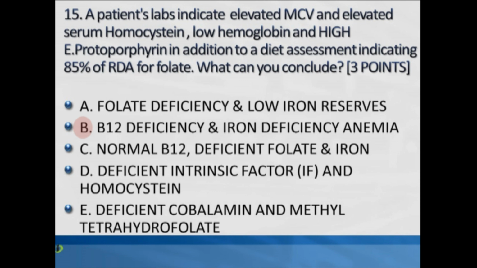Now, the evidence we have is also that with low hemoglobin and an elevated erythrocyte protoporphyrin, we have the likelihood of iron deficiency anemia. Now, we have MCV, which normally would be small or reduced in iron deficiency anemia, but we have to realize that we are likely dealing with B12 deficiency leading to a megaloblastosis.